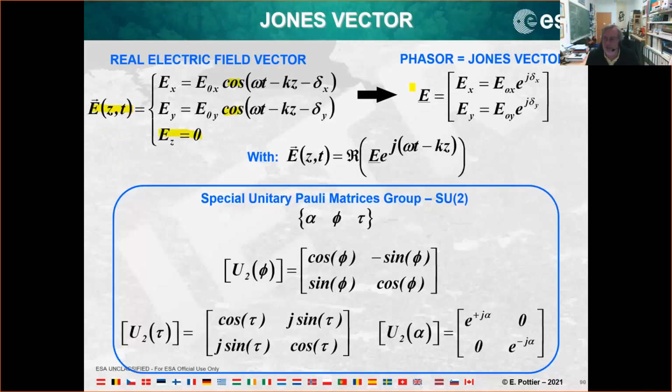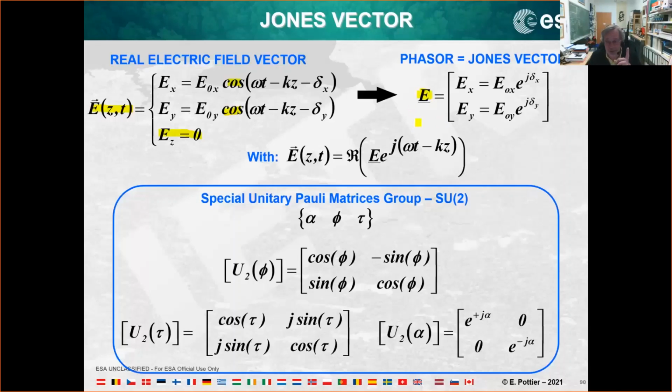From this representation, in fact, we prefer to use a complex representation. Remember, it was one of my first slides this morning. I said that we are going to deal with a complex vector representation of the polarization. These are the Jones vectors. It is a complex representation of the polarization.